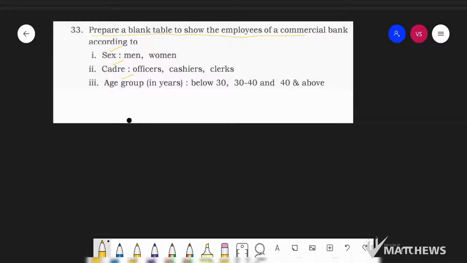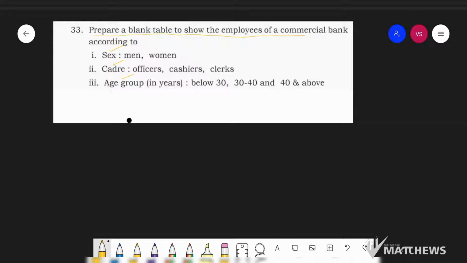Three characteristics that we need to form. So what we need to do now, students, as I start roughly, you have to think among these three characteristics. Two of the characteristics we have to utilize in the beginning, one for the columns and the second one for the rows. Any of the three, okay?